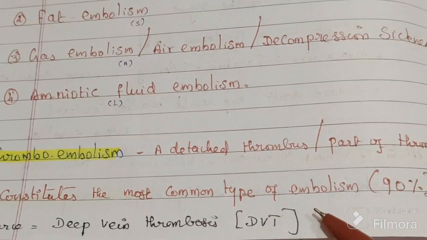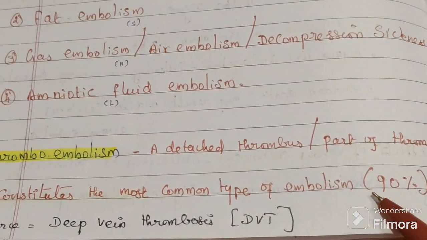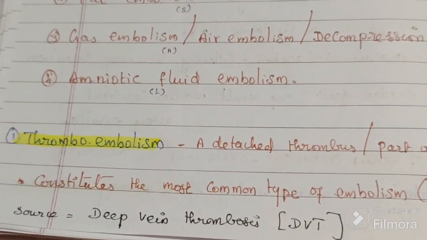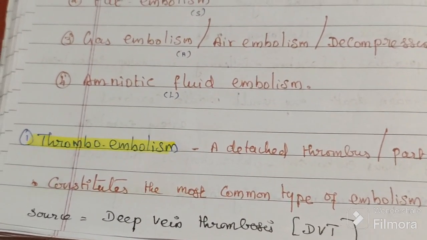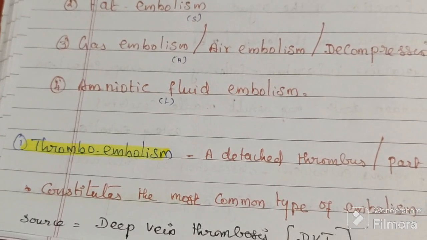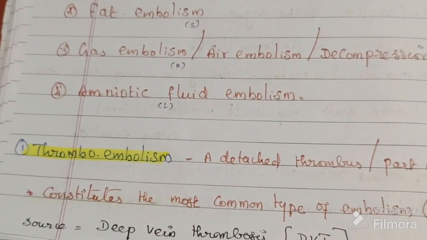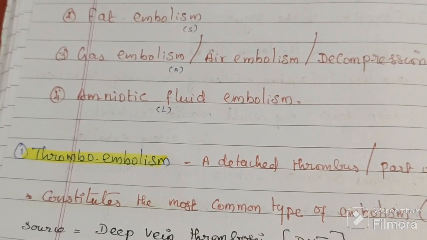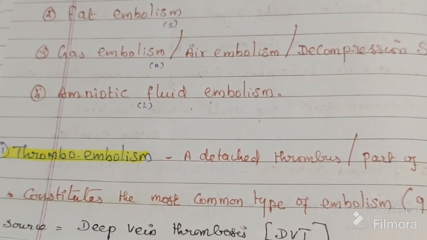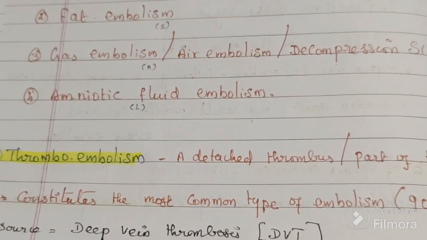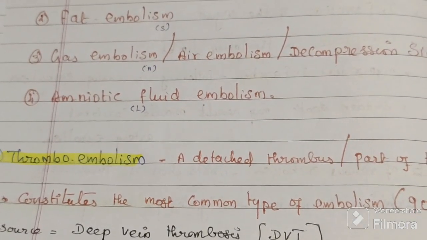This is the most common embolism, 90 percent. Out of all emboli, 90 percent are thromboemboli, the most common type. What is the most common source? Deep vein thrombosis, DVT.